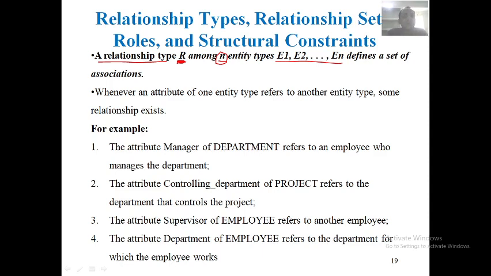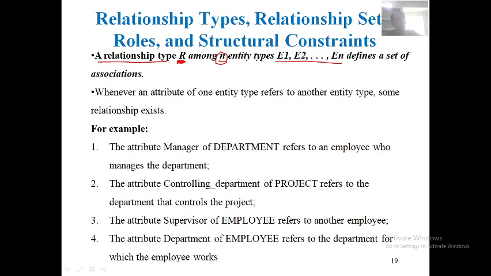A relationship type R among n entity types E1, E2, E3, up to En defines a set of associations. What is that set of associations? We will see it later, in the next slides.